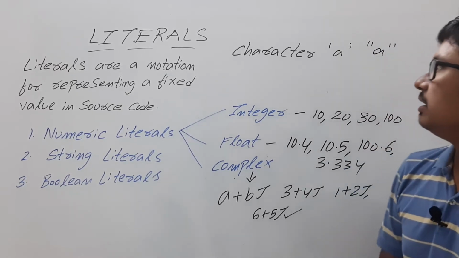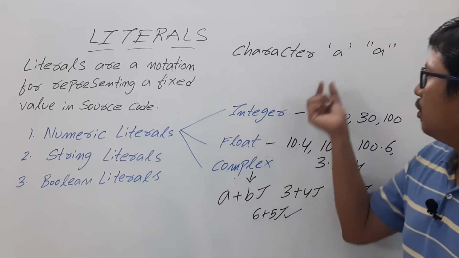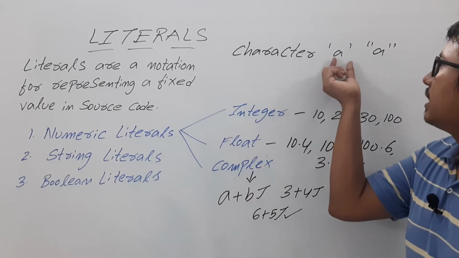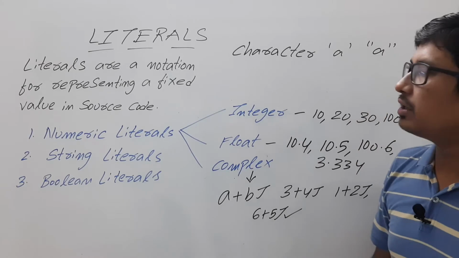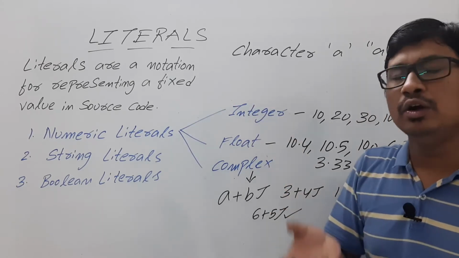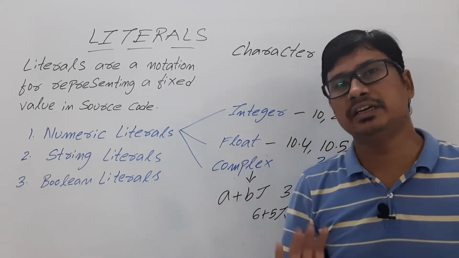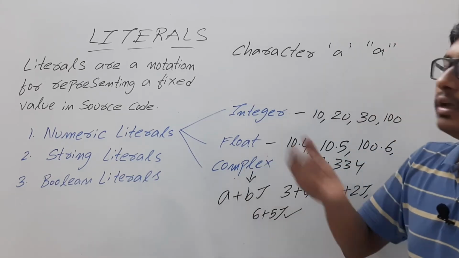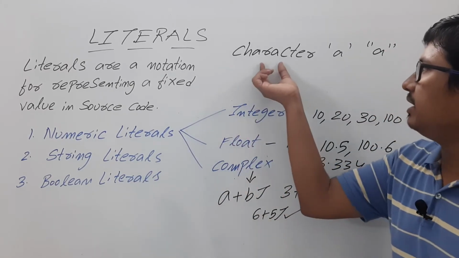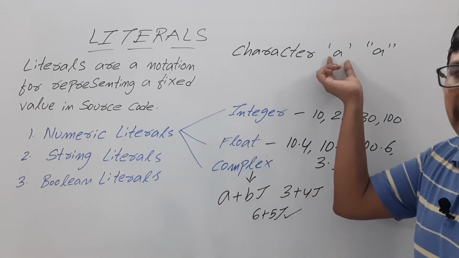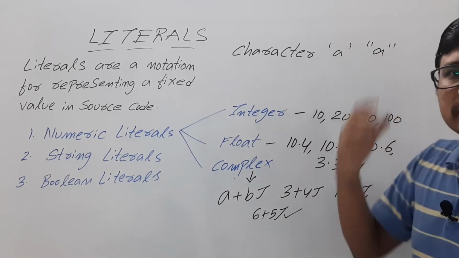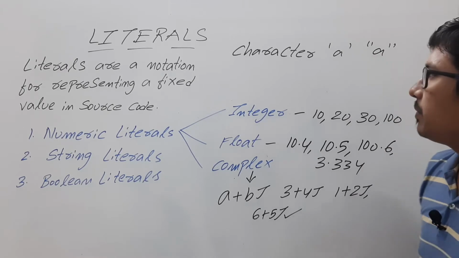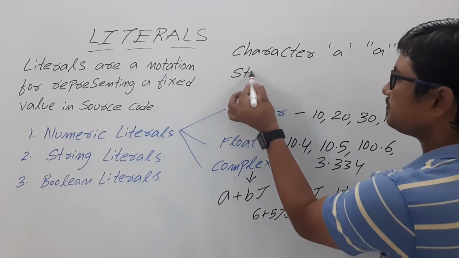Is it clear? In the C programming language, we will represent a character within a single quote. But in Python, we do not have an explicit character literal. Usually we use the string literals only. But for your understanding, I am telling that even you can represent a character like this or like this in Python.